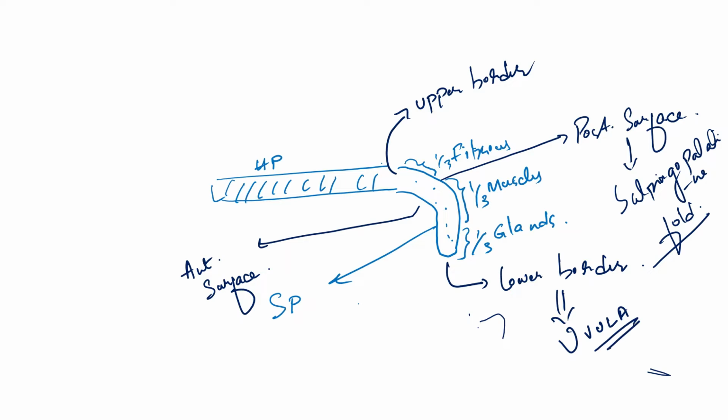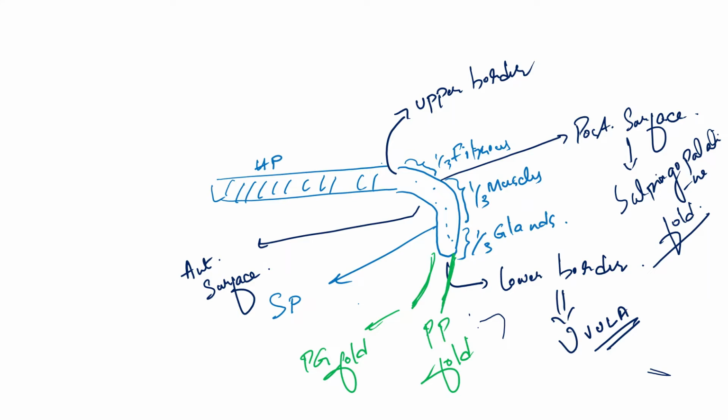This lower border also represents the two mucosal folds on either side, which are called the palatoglossal fold, present in front of the tonsillar fossa, and the palatopharyngeal fold, which is seen behind the tonsillar fossa. So these are the two extensions from the uvula, from the lower border of the soft palate.